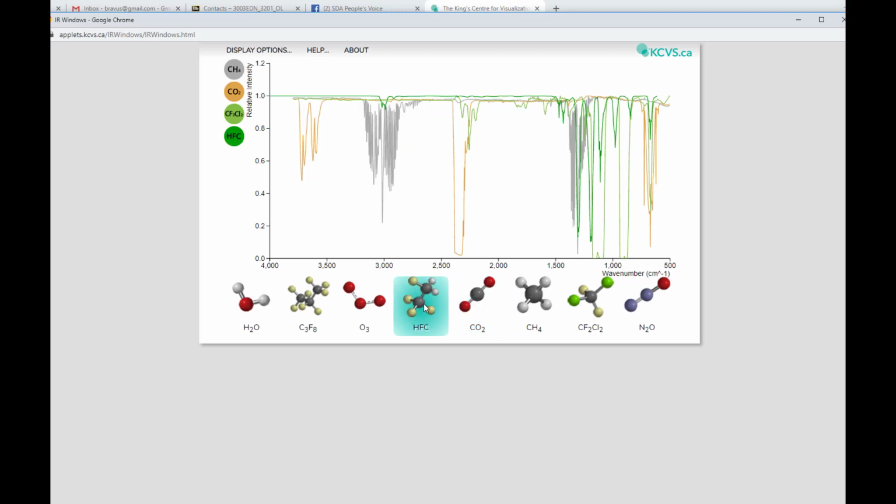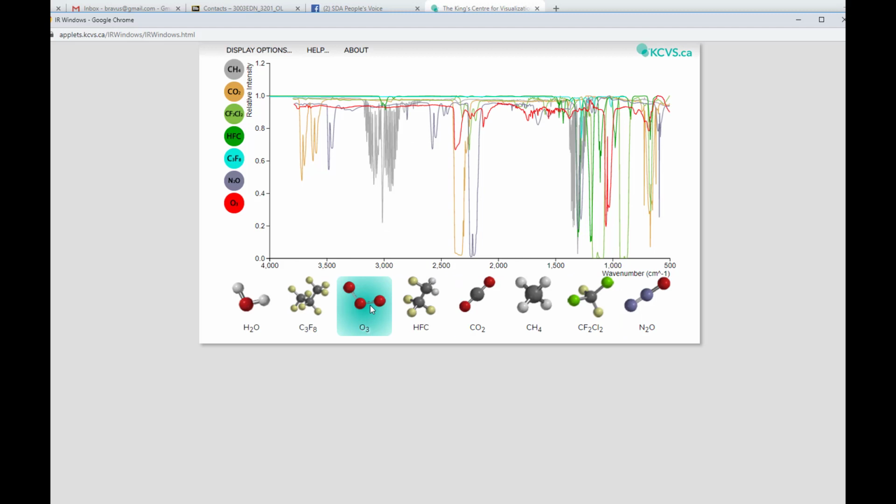There's some absorption there, which is a similar sort of area. There's some absorption there. So that's a few of the CFCs added, nitrous oxide added as well, and so on. So you can see that there are a number. Ozone itself also absorbs some infrared. Now that's obviously much too much, so we could turn a bunch of those off.